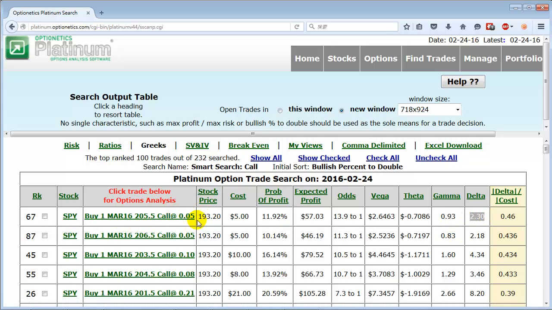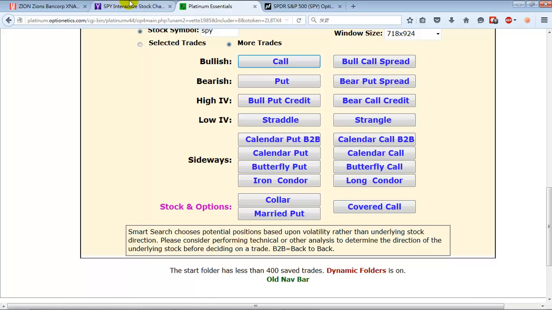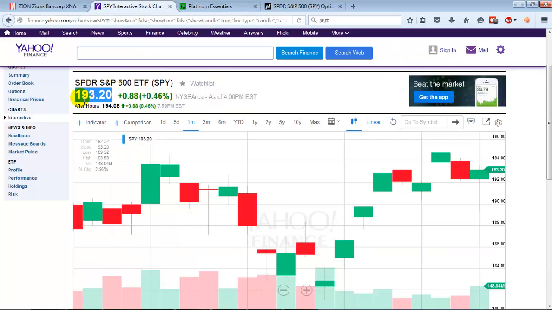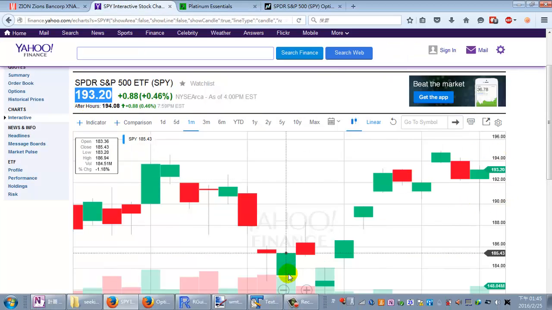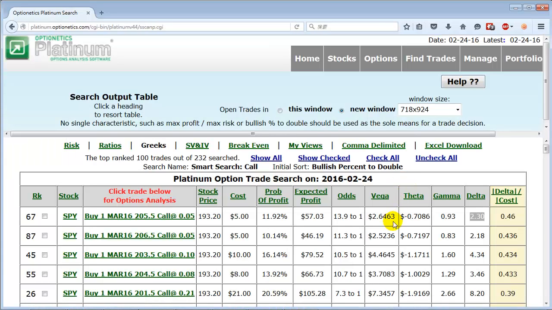So you spend $5 to get this call option, and if the stock moves up by $1, you get $2. Doesn't that sound better than paying $193 for a possible $1 change? It sounds almost too good to be true, and in fact, it is.